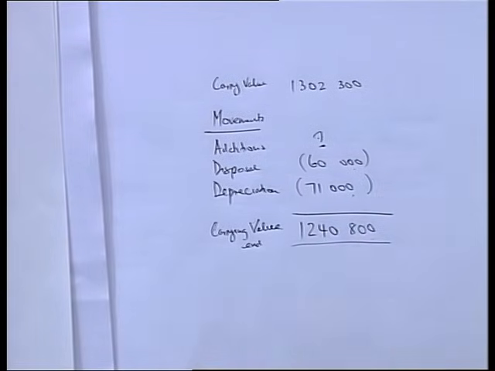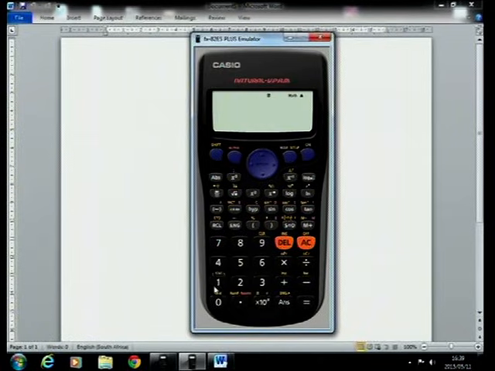Right. So all we have to do, we have to offset those figures and get the difference. So we start with 1,302,300. We minus 60. We minus 71.